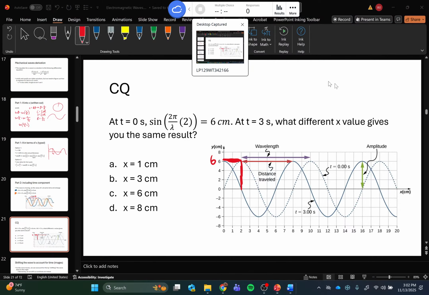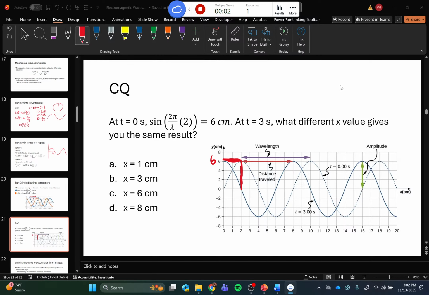This is not mathematically determined. It's done by reading the graph. At what x on the different graph, not the dotted one, but the solid one, what value of x gives the same result?